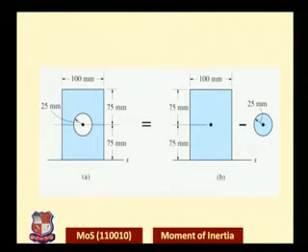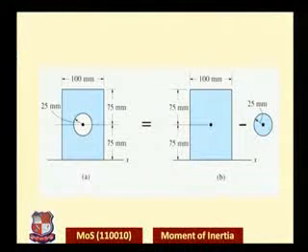So for the rectangular section, again, if you know the standard values, you can easily find out the value of the moment of inertia. During the derivations for the rectangular section, if you remember, we have found the value of moment of inertia on the two axes.